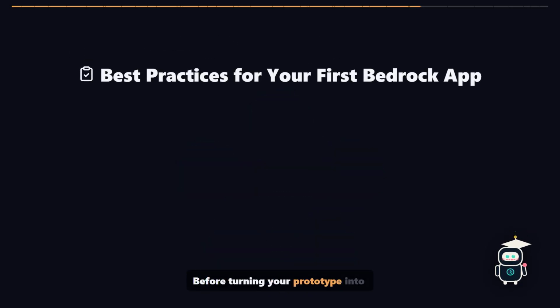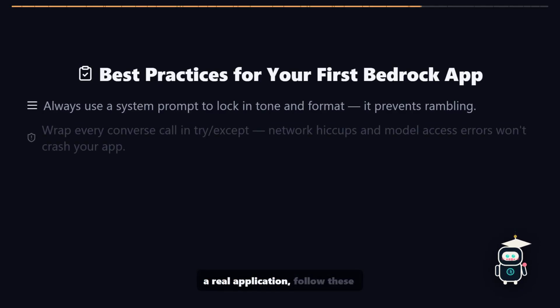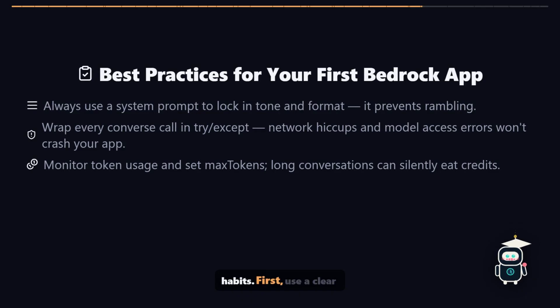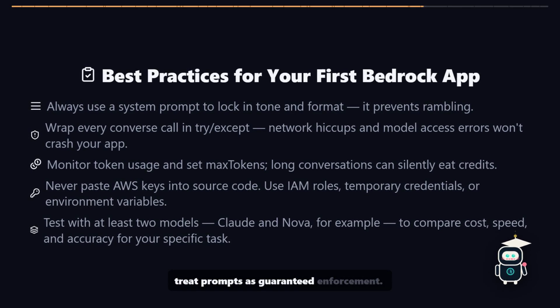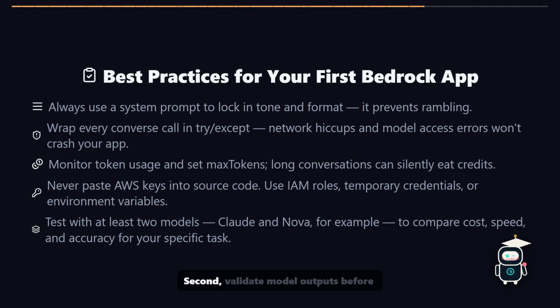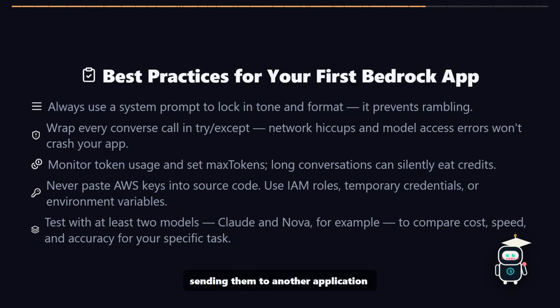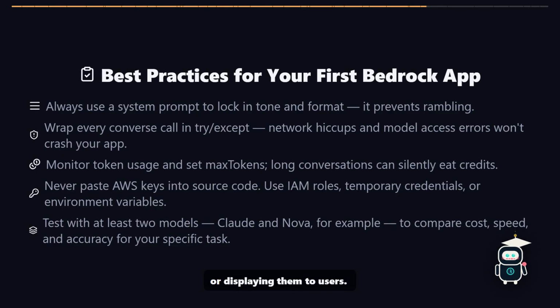Before turning your prototype into a real application, follow these habits. First, use a clear system prompt, but do not treat prompts as guaranteed enforcement. Second, validate model outputs before sending them to another application or displaying them to users.